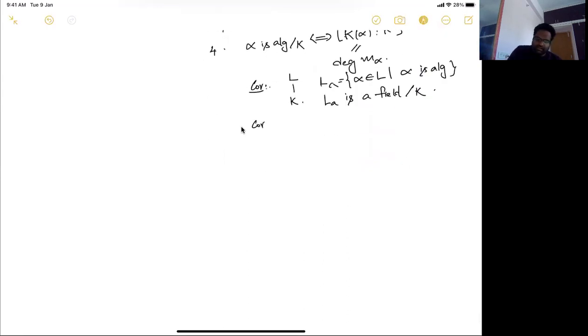And then we have seen a characterization of finite extensions.